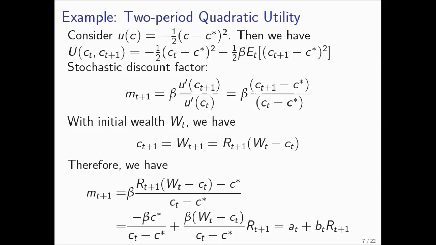So finally, let's talk about an example that we can derive for the stochastic discount factor. Consider the special case that U of C is a 2-period time-separable discounting utility. It's negative 1/2 (C minus C star) squared, C star being an ideal consumption; more than that is not good, less than that is not so good.